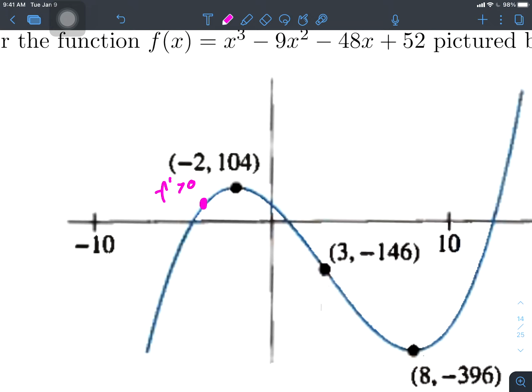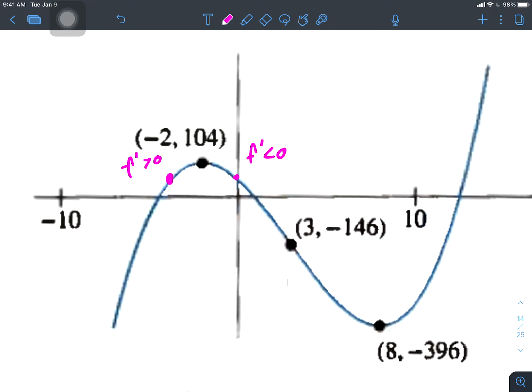If the sign of the first derivative goes from positive to negative, we get one of these maximums. And if the first derivative goes from being negative to being positive, then that's when we see one of these minimums.